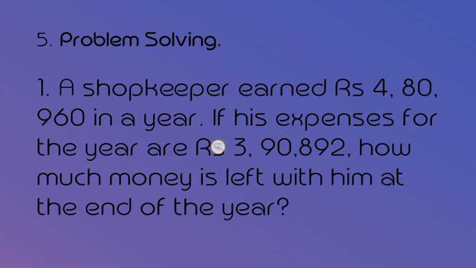If his expenses for the year are rupees 3,90,892, means this shopkeeper is earning this much money and expending. He is expending for purchasing or for other things 3,90,892. How much money is left with him at the end of the year?